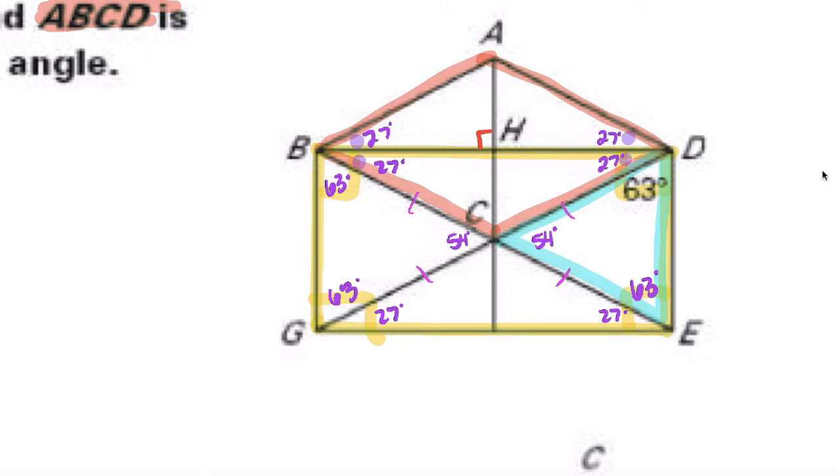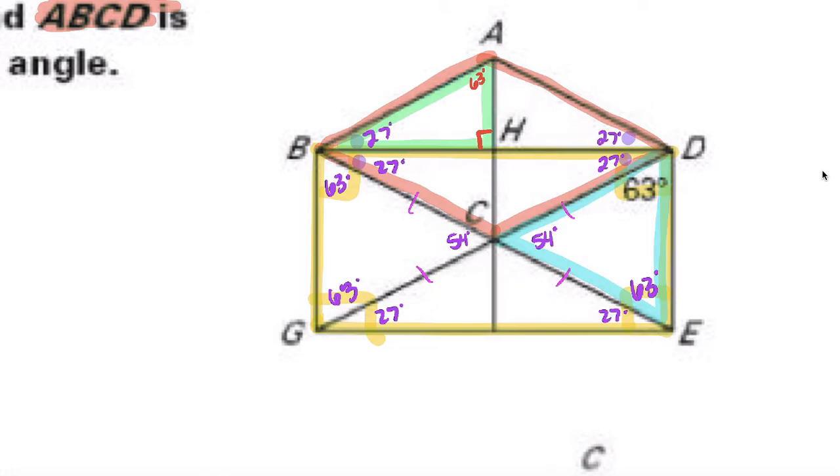Now we can, let me get a highlighter here, focus on one of the triangles within the rhombus. It's a right triangle, and one of the acute angles is 27. And we can subtract from 180, that triangle sum, and solve for our missing angle, getting 63.